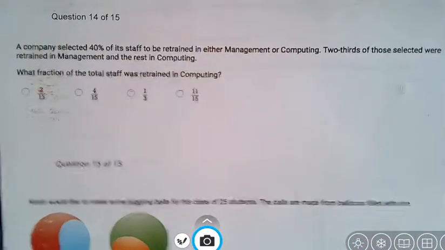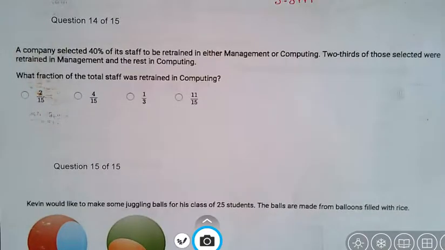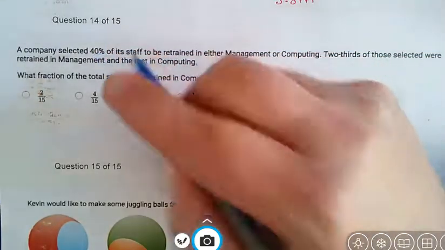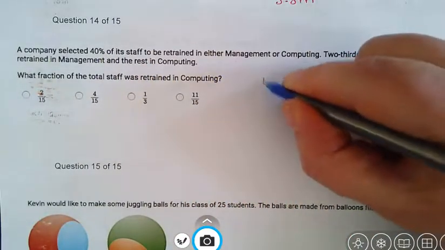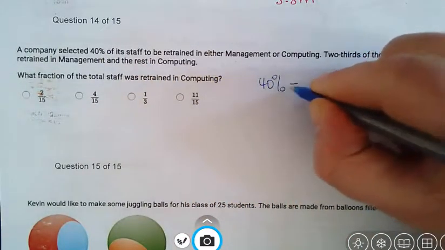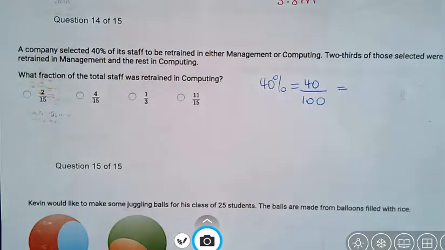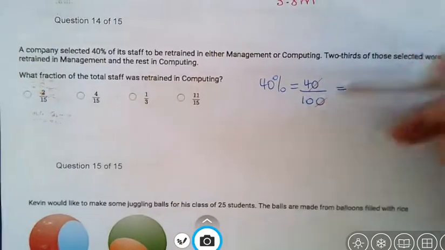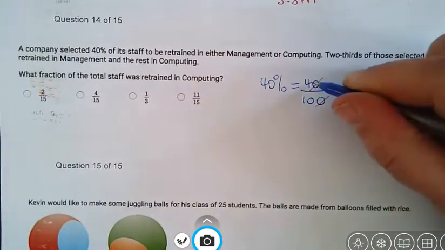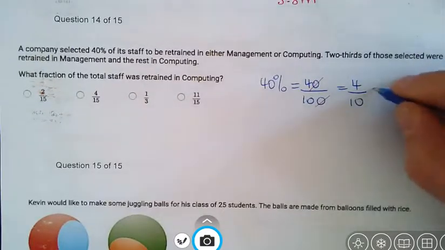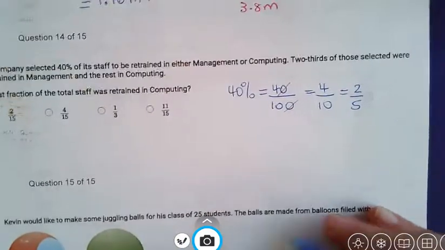And it asks for what fraction of the total staff was retrained in computing. So we have 40% of the staff retrained in management or computing. Now 40% is the same as 40 over 100. Now we can simplify that by crossing off the zeros on the numerator and the denominator. You can only do that if there's no decimal point, so that's 4/10 or 2/5, simplifying that fraction.